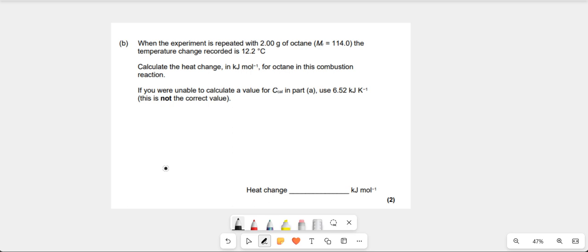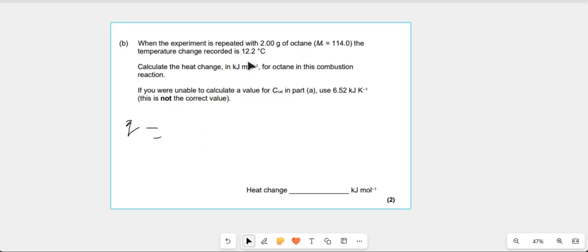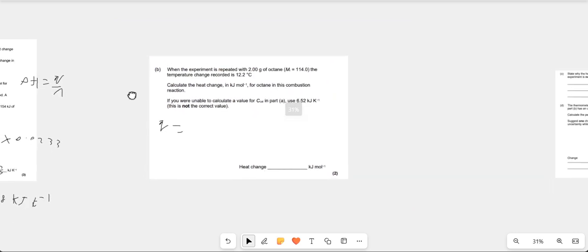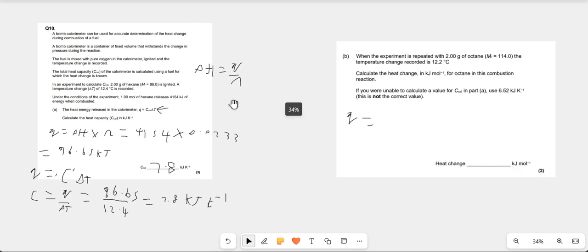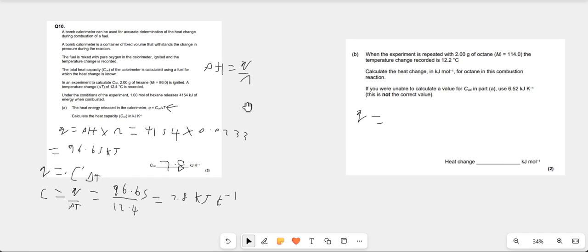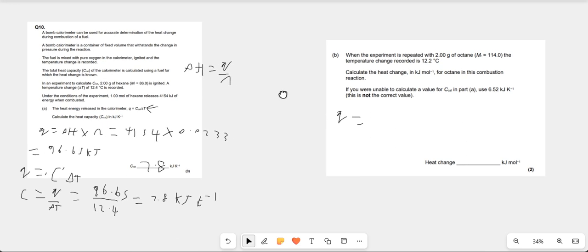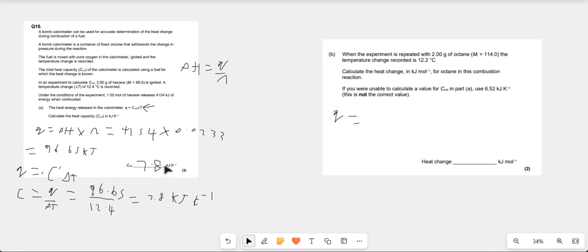I can find Q by doing the energy times... calculate when the experiment is heated with 2 moles, the temperature change recorded is 12.12. Oh yeah, this part.